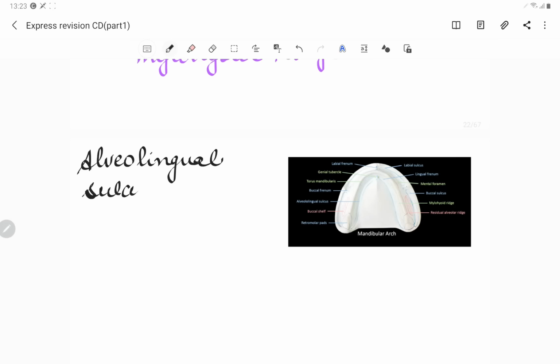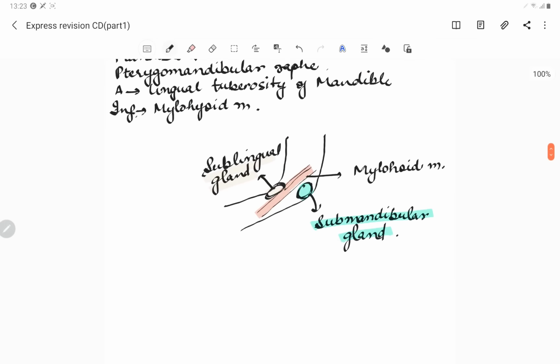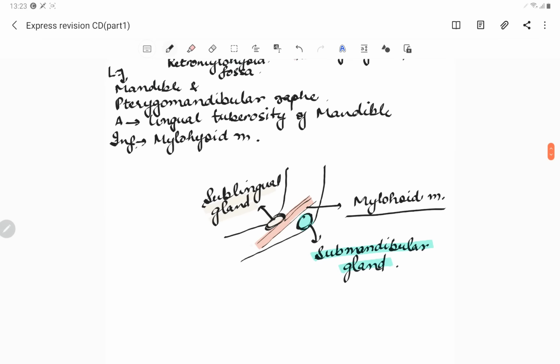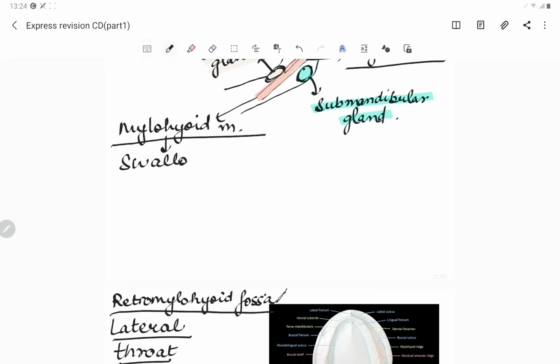One more thing I wanted to tell you about the mylohyoid muscle: when we are swallowing, since it is present in the floor of the mouth, this mylohyoid muscle contracts, and when it contracts, it raises the floor of the mouth.